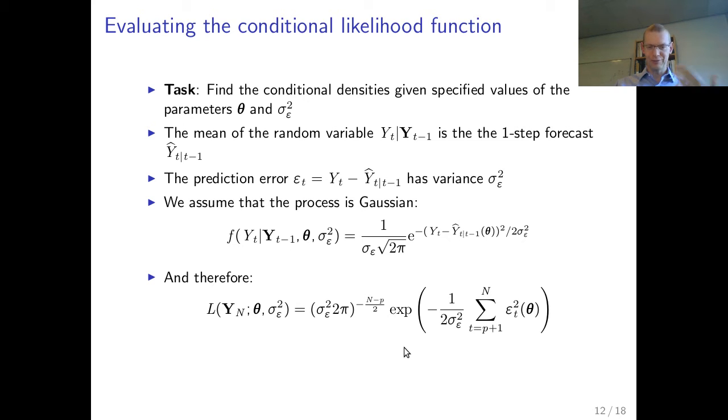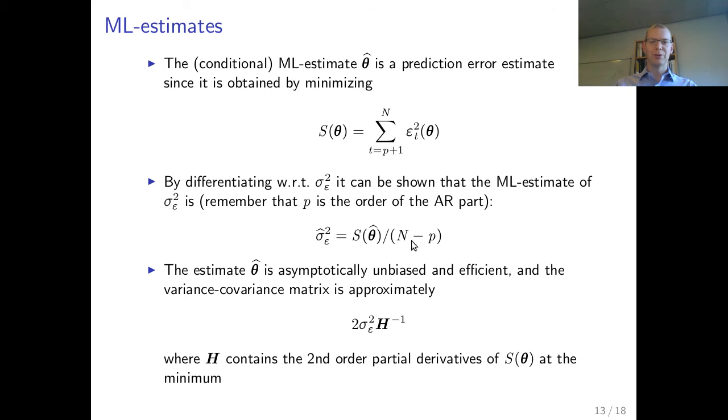So for given sigma epsilon, that's what we want to do to find the maximum likelihood estimate of theta hat. Then we want to minimize the sum of squared errors. Well, that's the same thing as for the least square. So we are on familiar ground here.